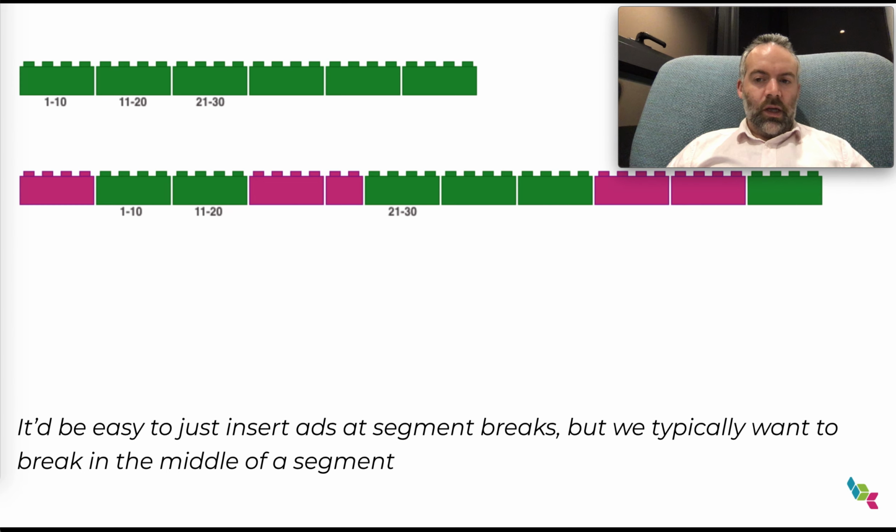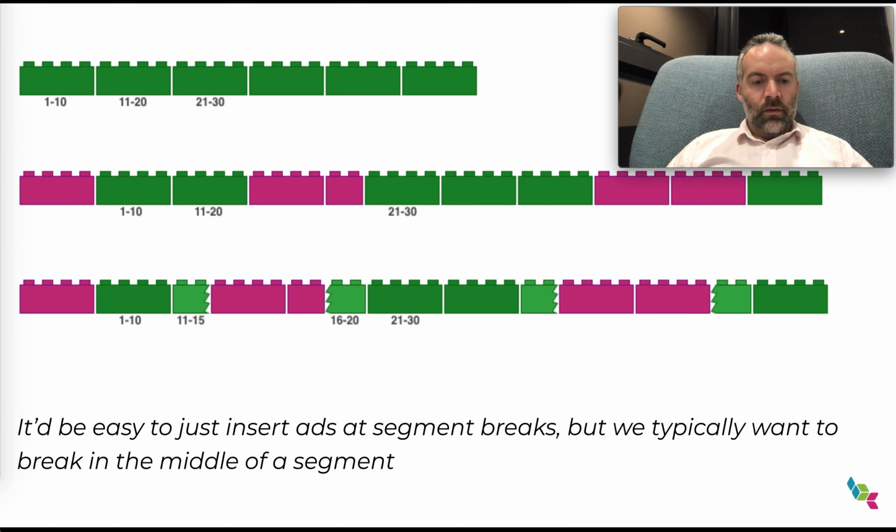Typically, we want to do something in the middle of a segment. So in this example, we have to break a brick in half. We're serving 5 seconds of it on one side of the ad break, 5 seconds on the other. This gets even messier when you think about different ad lengths, different break locations, and the ways that these flow through over a series of mid-roll breaks.